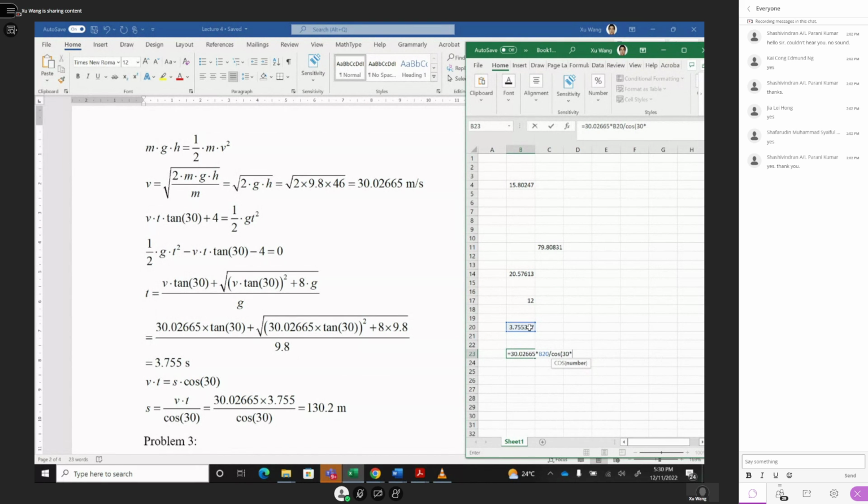And multiply, change the degree to the radian. Pi, be careful, it's not pi only, have brackets, okay? And divide by 180. This is your calculated formula, and then you enter, it's 130.2, and that's your results.